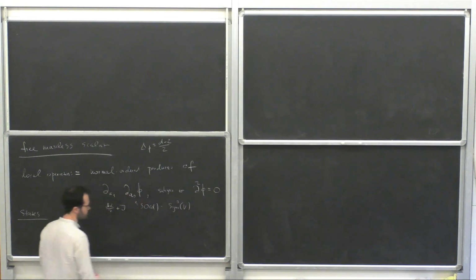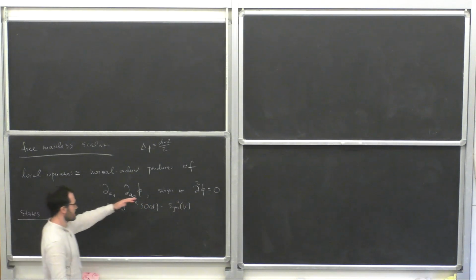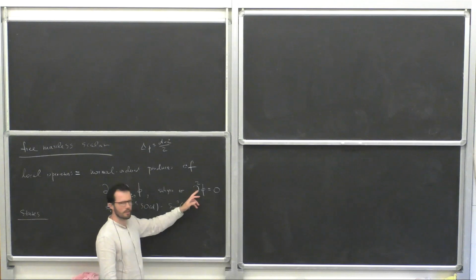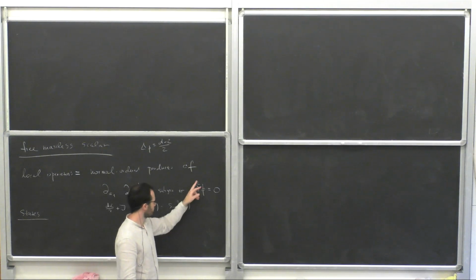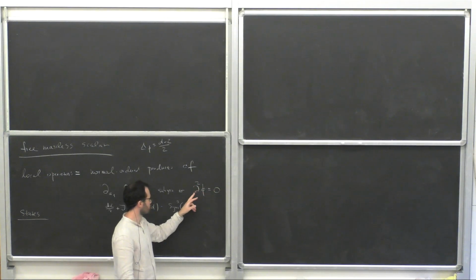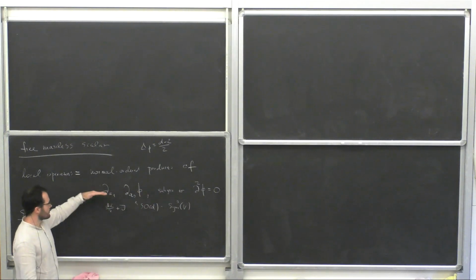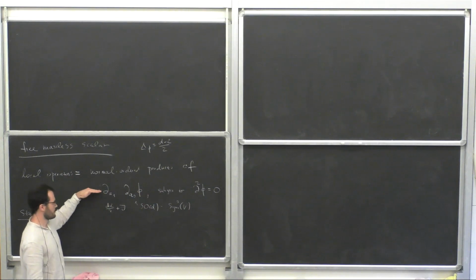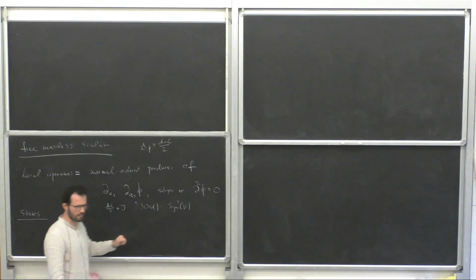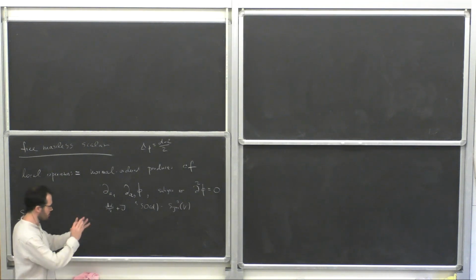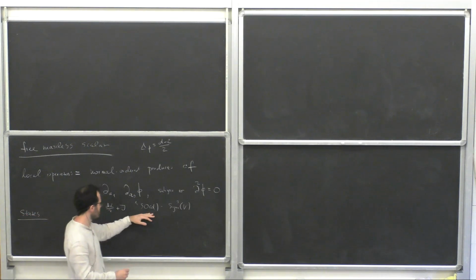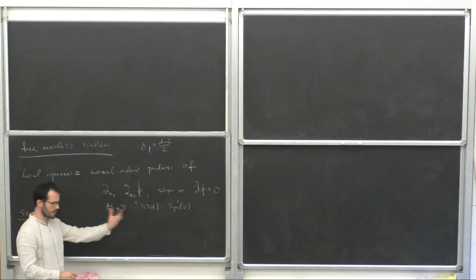V is the fundamental representation, and it's subject to the equation of motion. The equation of motion is that the derivative squared of phi is 0, which really means that there is only the symmetric traceless representation of rank j. So there is precisely one irreducible representation of SO(d) for each j, and it's the symmetric traceless representation.